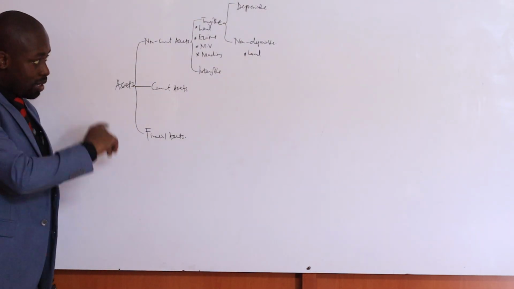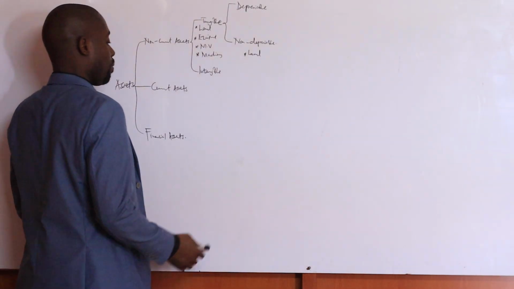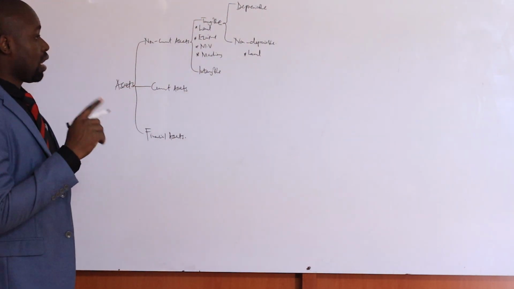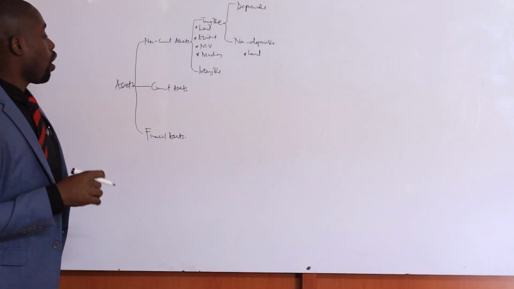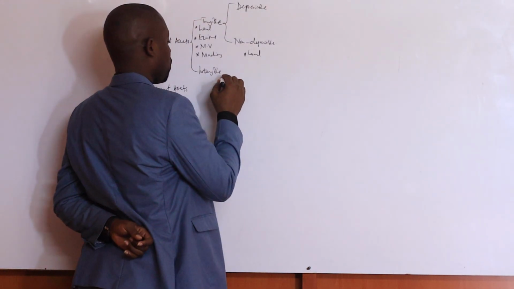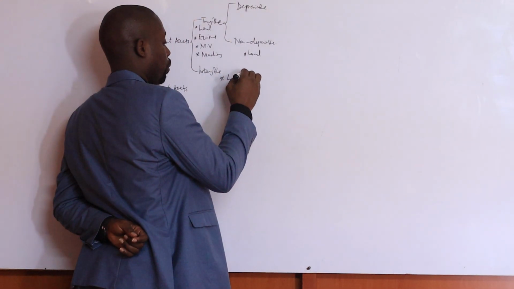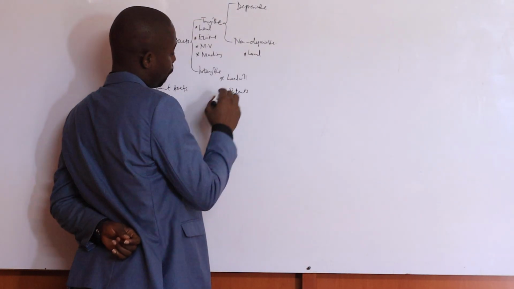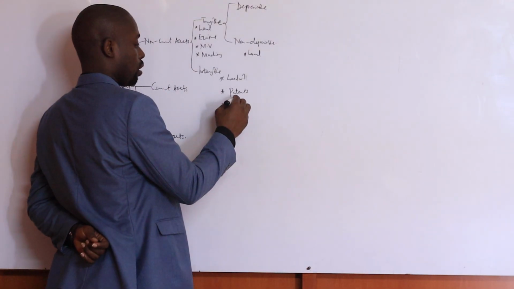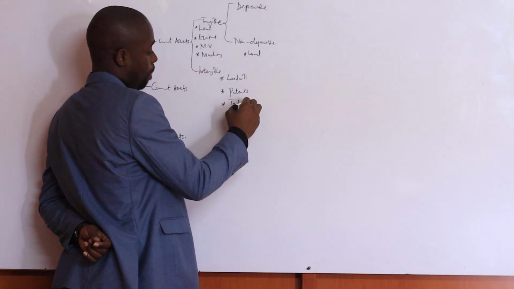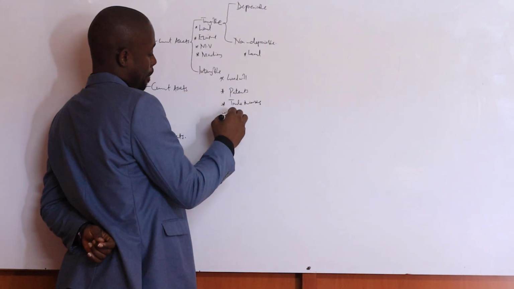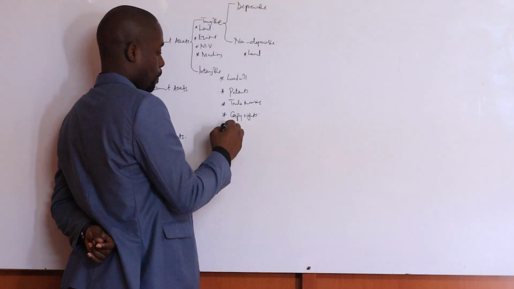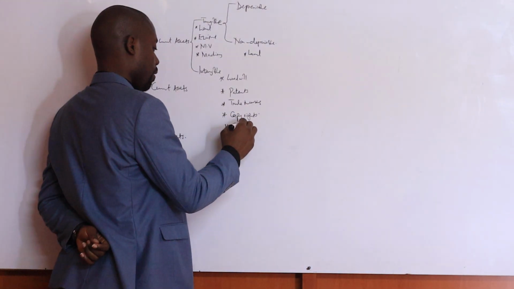Let's look at the intangible non-current assets. Intangible assets are those that do not have physical form, that cannot be seen, touched, or felt. What are some of the examples? Number 1, we have what we call goodwill. 2, patents. 3, trademarks. 4, copyright. 5, software.